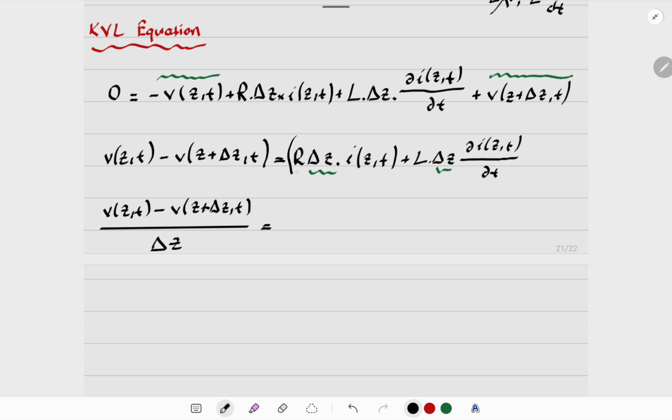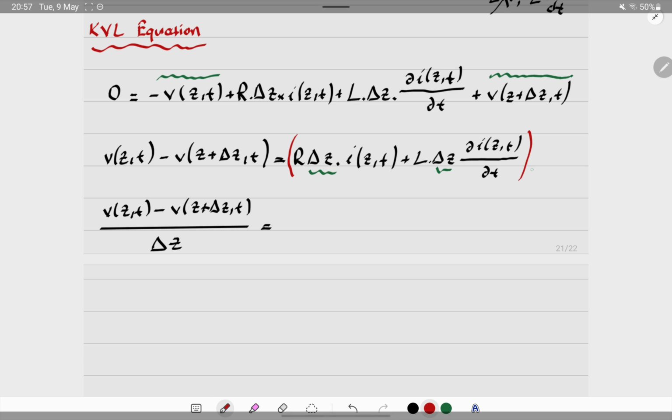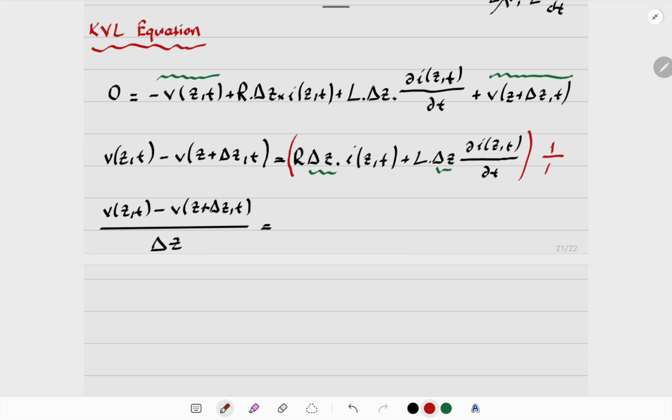So this whole part is divided by Δz, and at the same time this whole one is also divided by Δz.